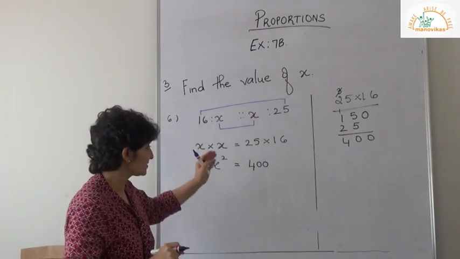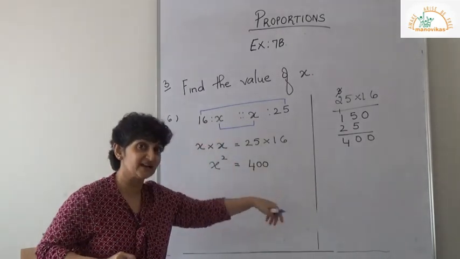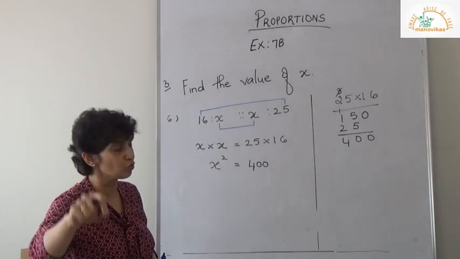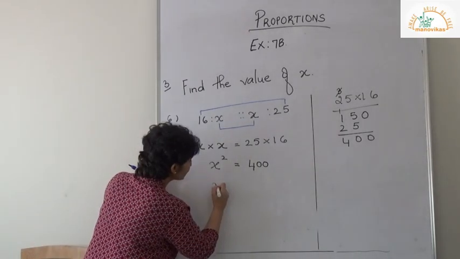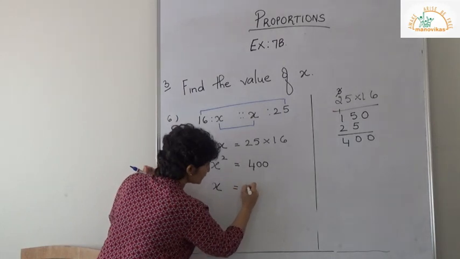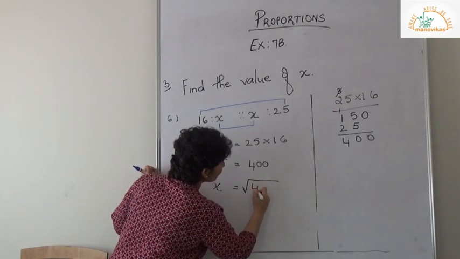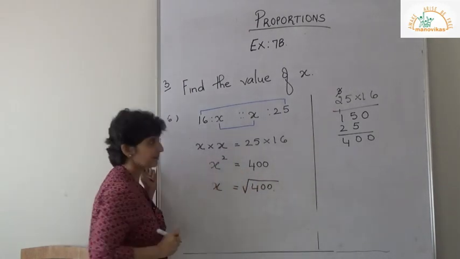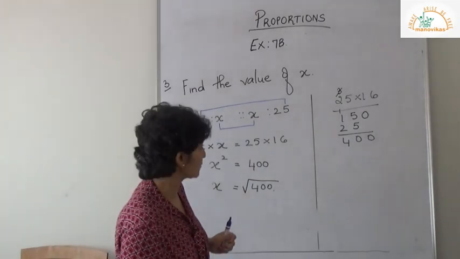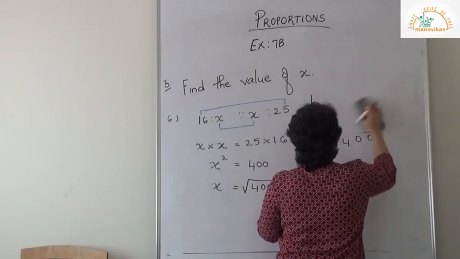Now we have square. So remember, here square, when I bring this side, it becomes square root. So x is equal to square root of 400. Do you remember how to find out your square root? Let's do it.